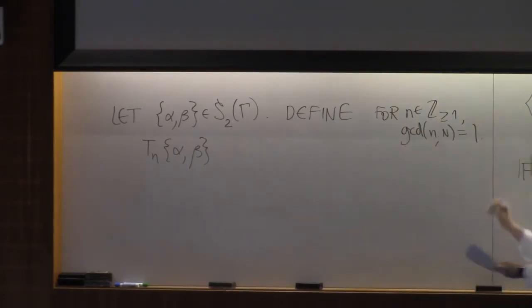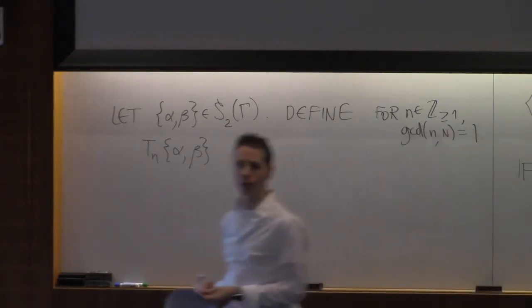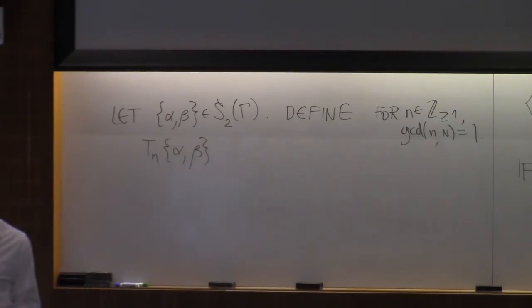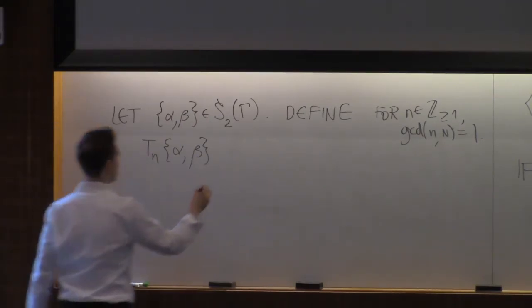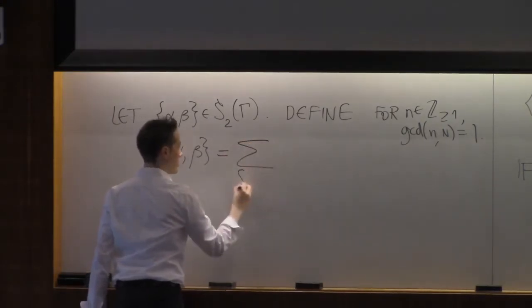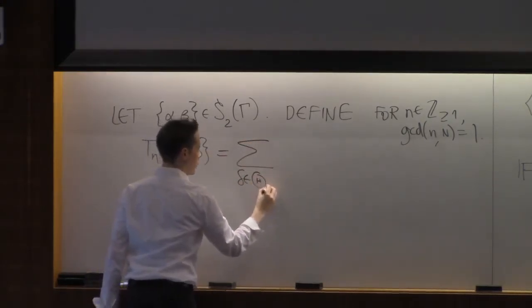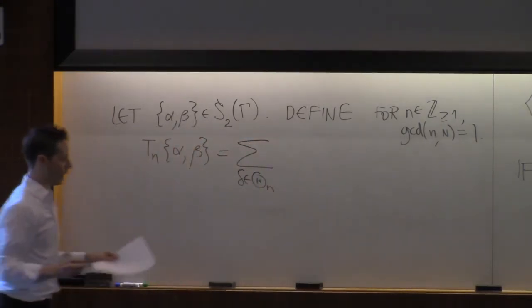My group hasn't changed, same group, nothing's there. I'm still going to define them only for coprime. How should I define this Tn of alpha beta? There aren't that many choices, right? Still have my theta n, my fancy theta, right? There's a bunch of matrices. Yeah, let's just jam it in there. So sum. Why not? And then have the delta act.